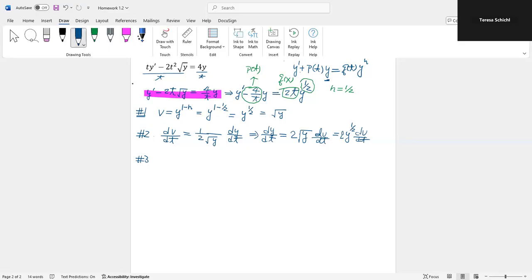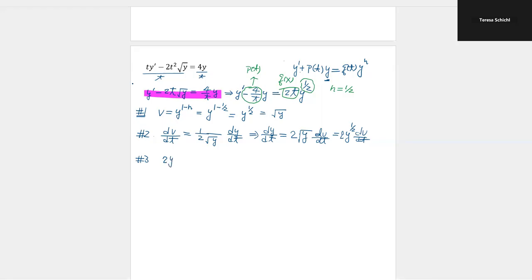Now I replace dy/dt with 2y to the 1/2 dv/dt, then minus 4 over t times y is equal to 2t times y to the 1/2.